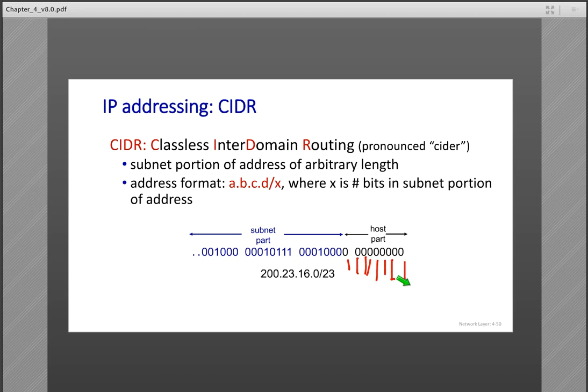Look at this one here. In the first IP address you can see a couple of zeros in the host ID, and for the last IP address, you can see a couple of ones in the host ID.